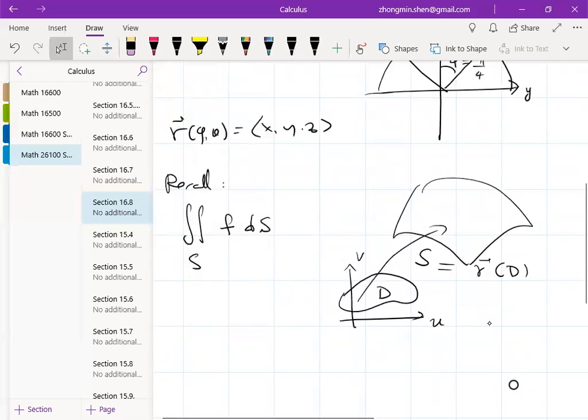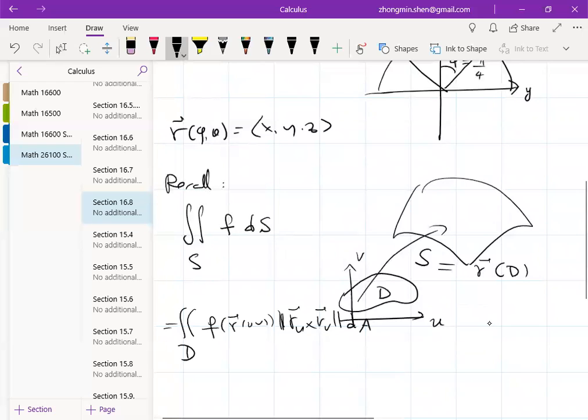The surface is just a curved plane, so it's a two-dimensional object. Everything on the surface can go back to the plane, so you can evaluate this using a double integral. Here is F evaluated at (u, v), and this part is going to be the cross product, and the dA.